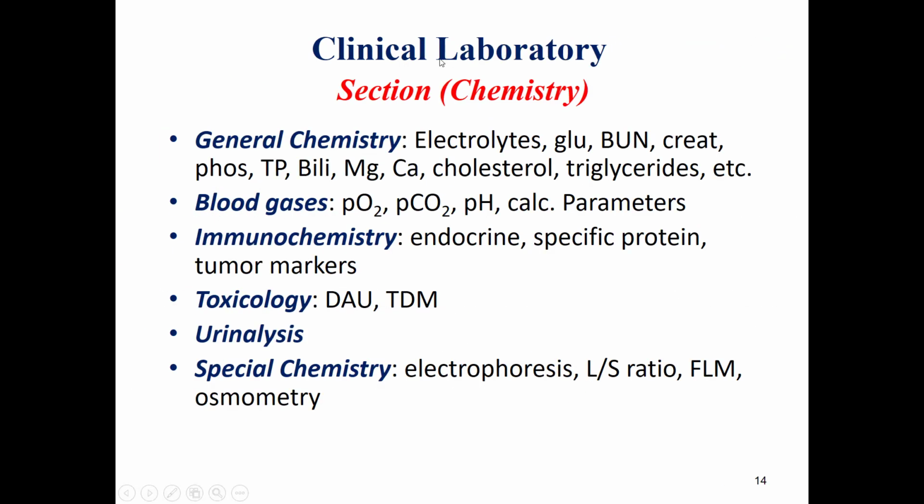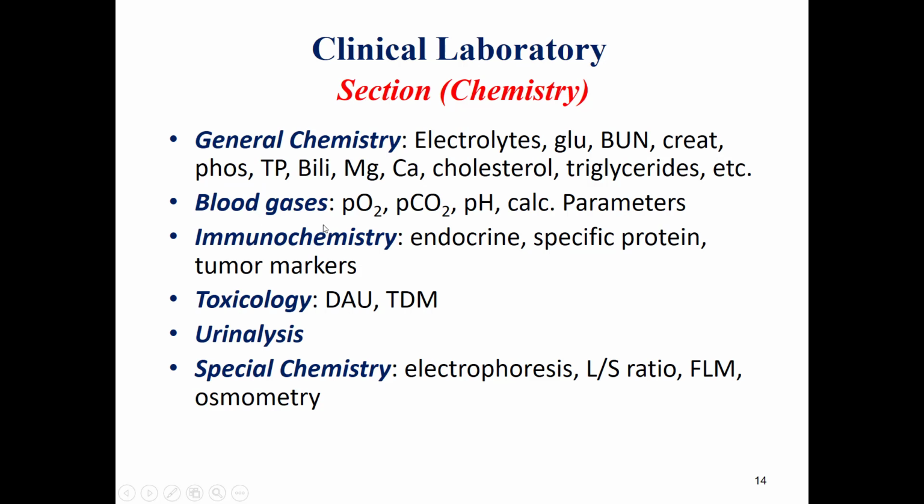In the chemistry section, as we said before, we have different areas. We have the general chemistry. In general chemistry, we have tests like electrolytes, glucose, magnesium, calcium, cholesterol, and so on. In addition to the general chemistry tests, we have the blood gas test.